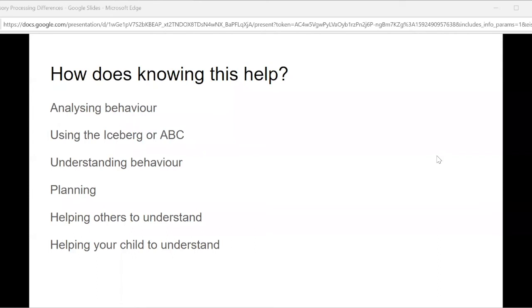And we'll be looking at those kinds of things in the next webinar. So helping others to understand, it helps other people understand why your child might be behaving in a particular way, and you can inform schools or family members why that's happening. And it can also help your child to understand, because they may not realise that they're reacting in that way because of a sensory need.